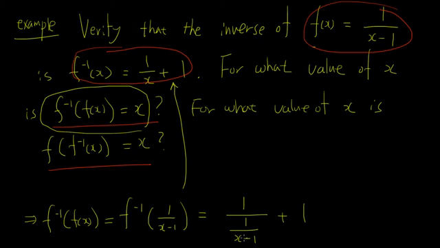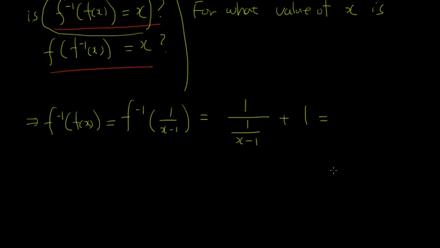Okay, so how do I simplify this? Well, we can look at this as 1 over 1. Then you multiply these two together, put it in the bottom. You multiply these top together and put it on the top.